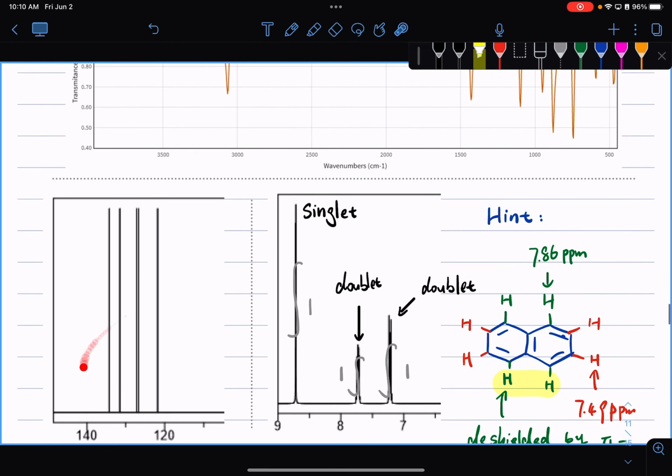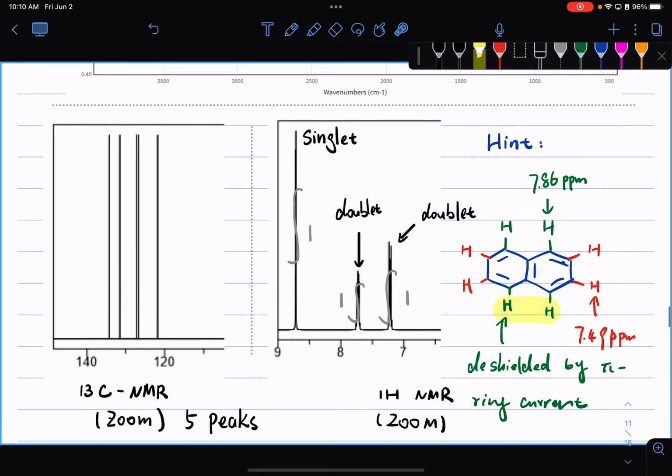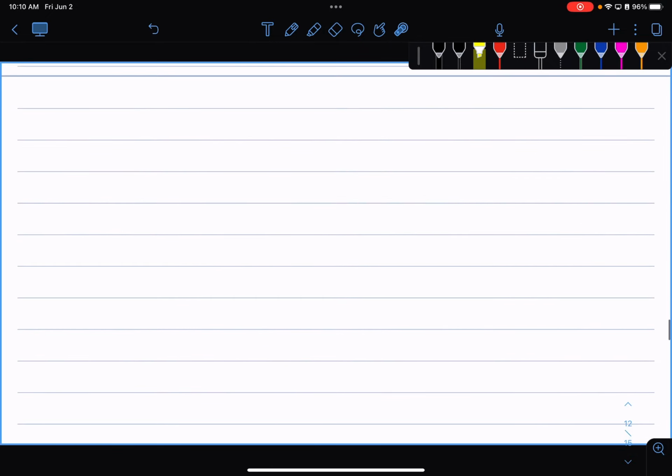And then we have our carbon NMR that's showing 5 peaks, 5 singlets, showing we have 5 different types of carbon atoms. And we have our proton NMR, also with a hint of these chemical shifts on naphthalene. So these are the information we have. And now our goal is to use all this information to derive what the molecule looks like. So let's get started.